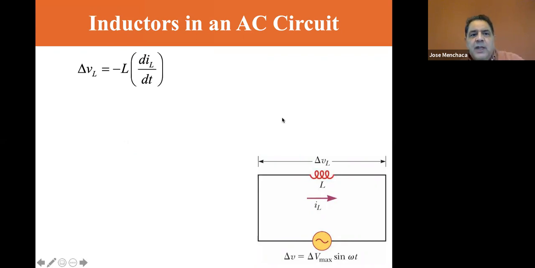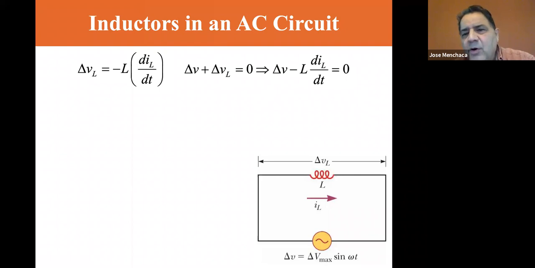So we have VL. If you recall, when we studied inductors, it was E equals minus L dI/dt. So here we have delta VL is equal to minus L dIL/dt.